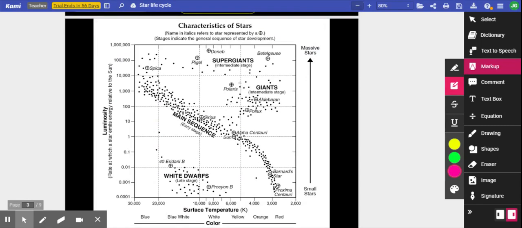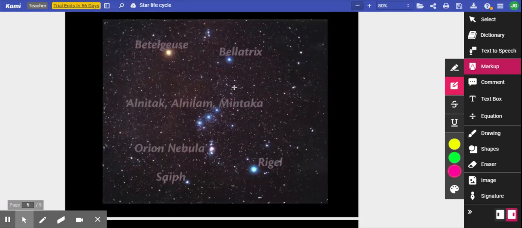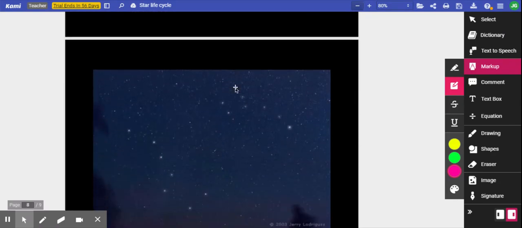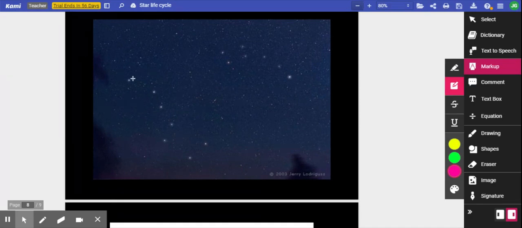Another star, Polaris, the North Star. Polaris is a yellowish, whitish star, bigger than our sun, brighter than our sun. Polaris is a really significant star because it is the North Star. Oh, I forgot Sirius. If you can find the Big Dipper, which is out all year round in the northern sky, here's the Big Dipper.